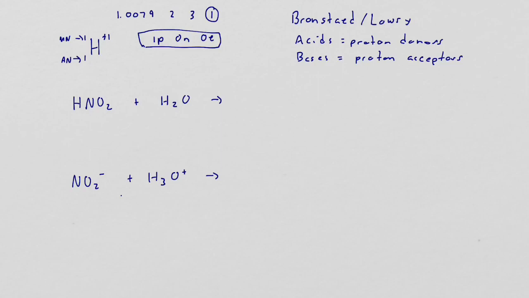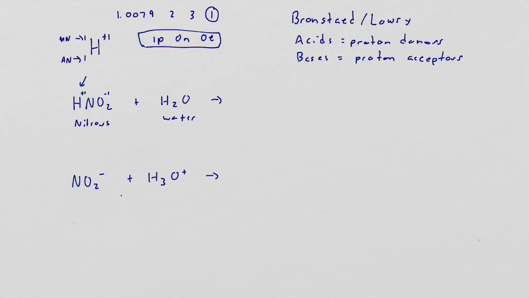Acids are proton donors. So look here, we have this acid, nitrous acid, reacting with water. Why is nitrous acid an acid? When it gets with the water, it donates its proton. You can think of this acid as being made of an H plus and a nitrite ion. The H plus, which is the proton right here, gets donated.